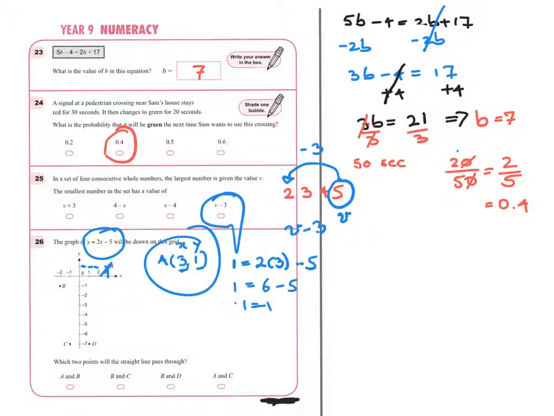Or choose another one. If we choose B, point B has coordinates of -2 and -1.